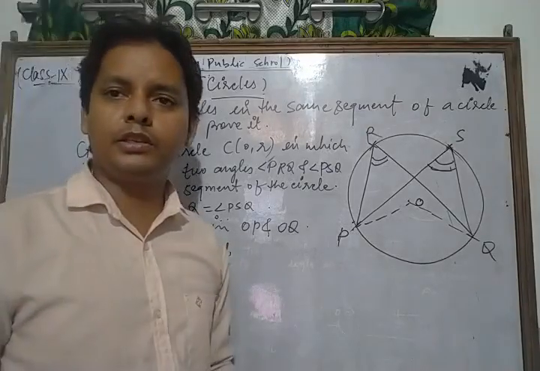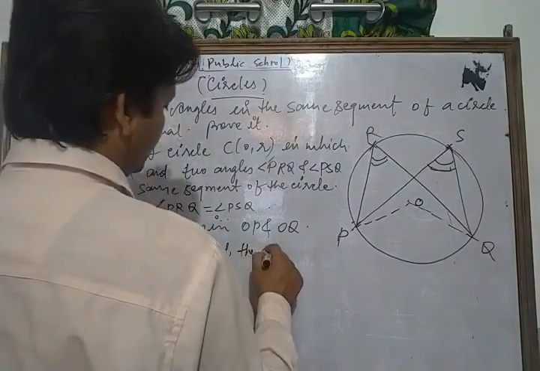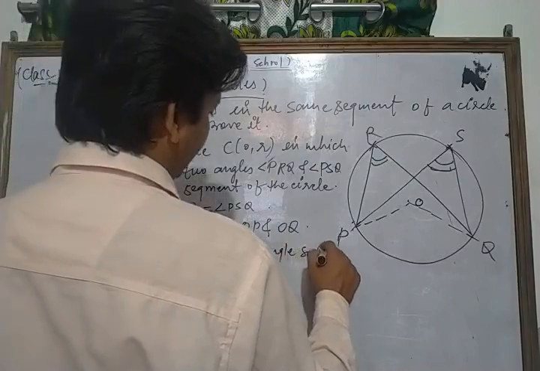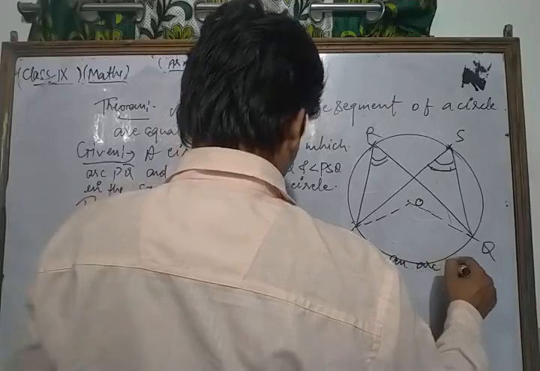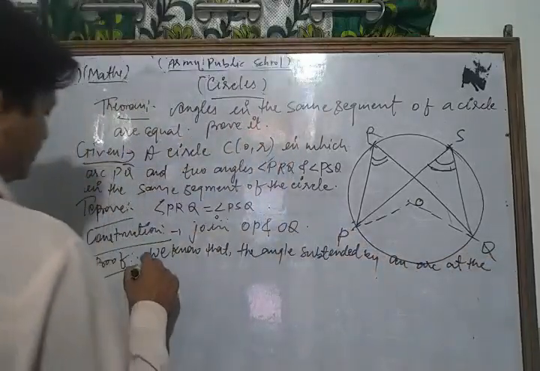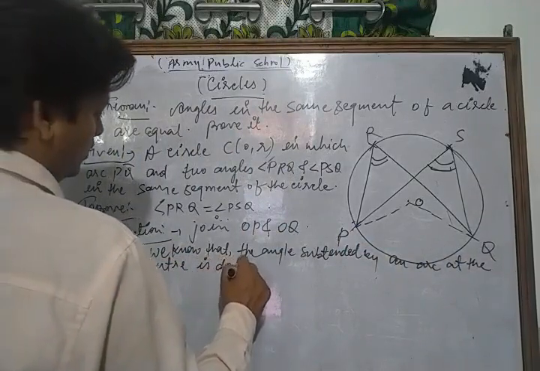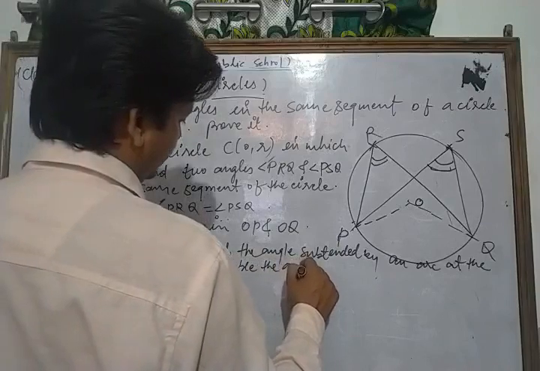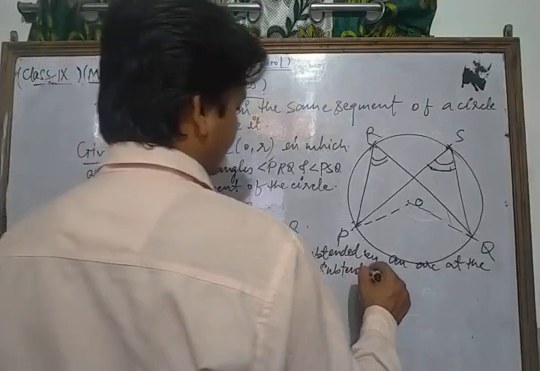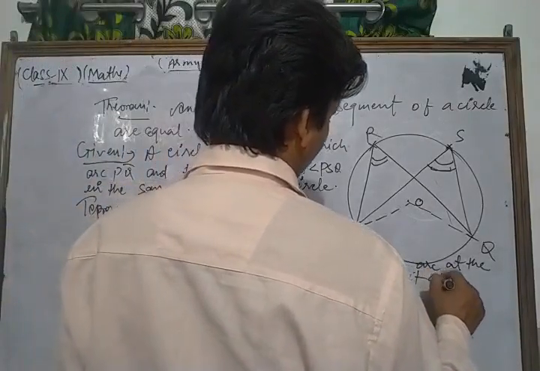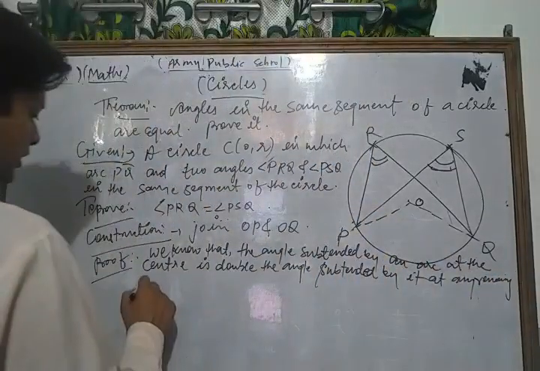the angle subtended by an arc at the center is double the angle subtended by it at any remaining part of the circle, the same statement which we wrote in the previous theorem.